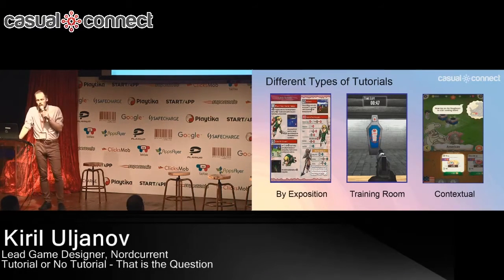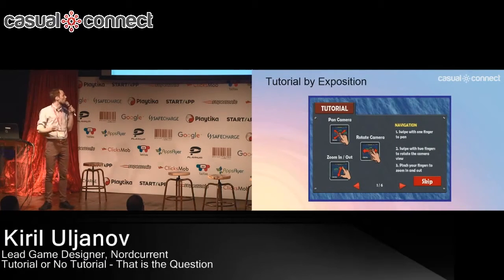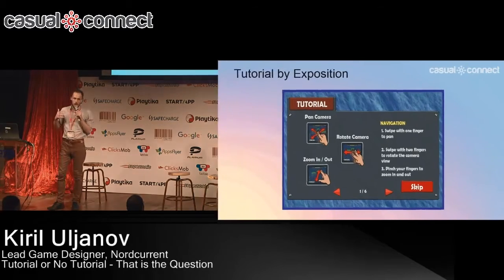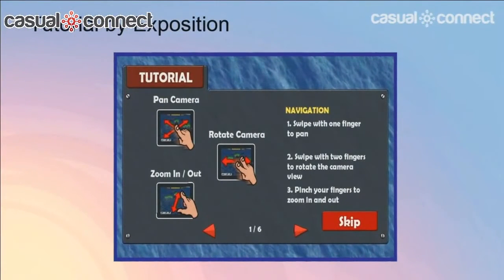Let's speak about each type in more detail. Tutorial by exposition consists of showing or telling the player something outside of actual gameplay. This is the easiest type to implement and one of the least effective.